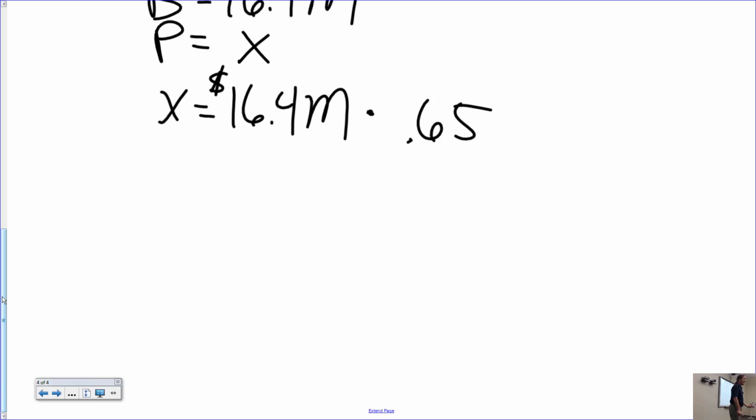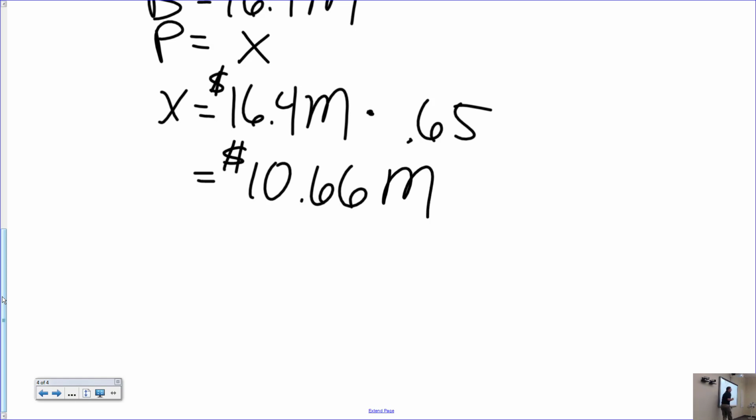Note, folks, it is okay to use the number 16.4. So if you take out your calculators and do 16.4 times 0.65, what do you get? 10.66. But it's million. Okay, good. Note, the millions carries with this problem.